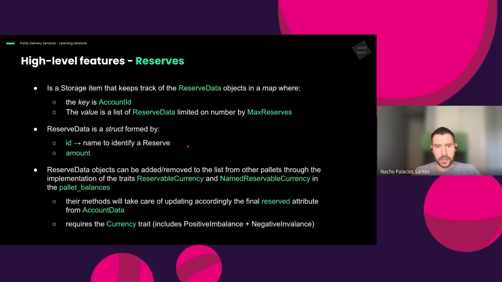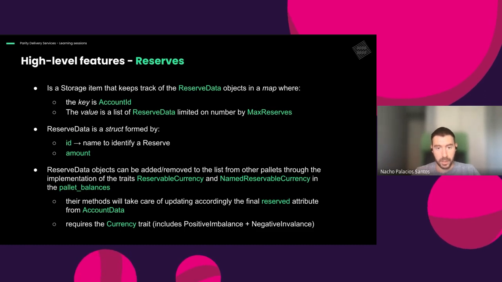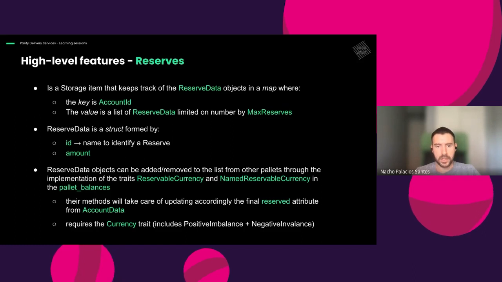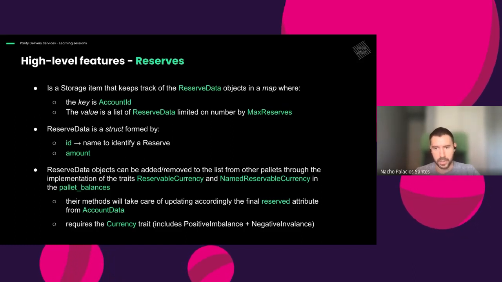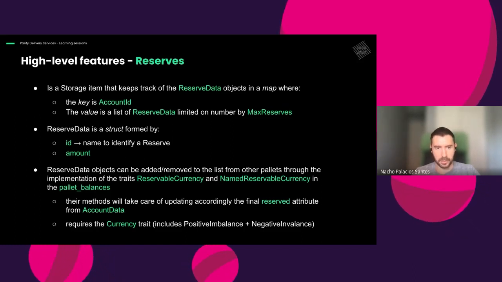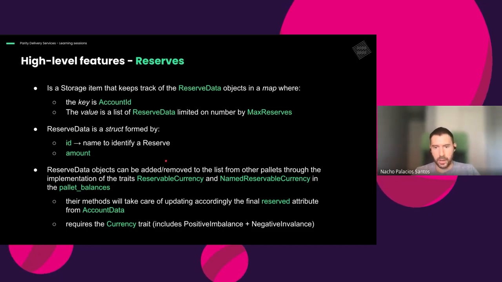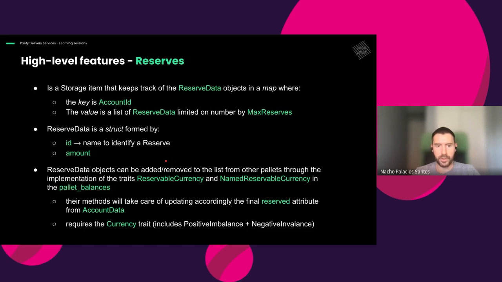Reserve data objects can be added to and removed from this reserves storage list by other pallets through the implementation of the traits ReservableCurrency and NamedReservableCurrency in the pallet balances. Their methods will take care of updating accordingly the reserved attribute from account data.